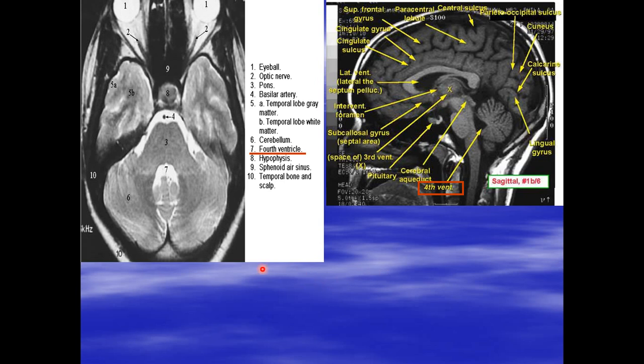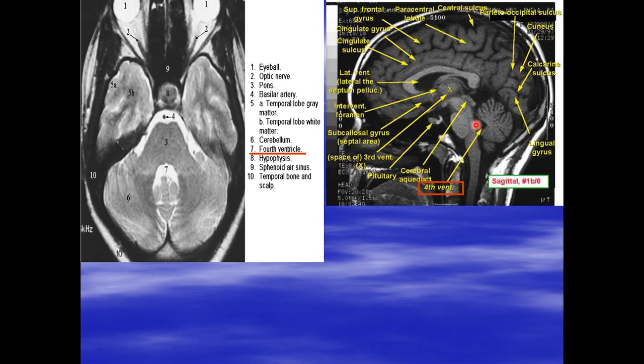So, this is the fourth ventricle. As we said, the floor is formed mostly by the pons and upper part of the medulla, while the roof is formed by the cerebellum and the superior and inferior cerebellar peduncles. Like here, you can see this is the superior cerebellar peduncle and the inferior cerebellar peduncle.